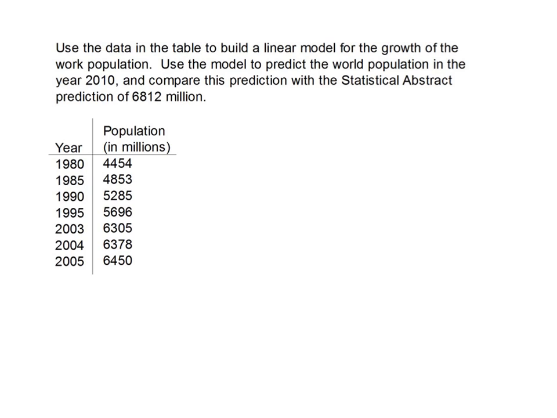All right, now, this last problem has to do with regression. Use the data in the table to build a linear model for the growth of world population. That should say world population. All right, use the model to predict the world population in the year 2010 and compare this prediction with the statistical abstract prediction of almost 7 billion, 6.8 million.